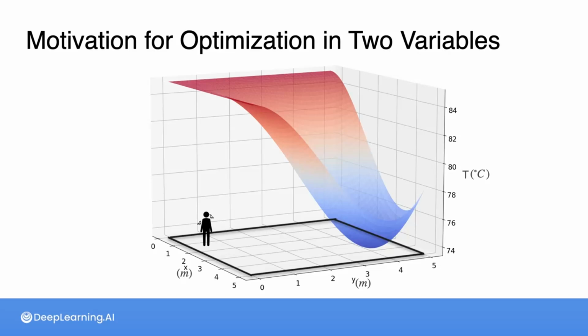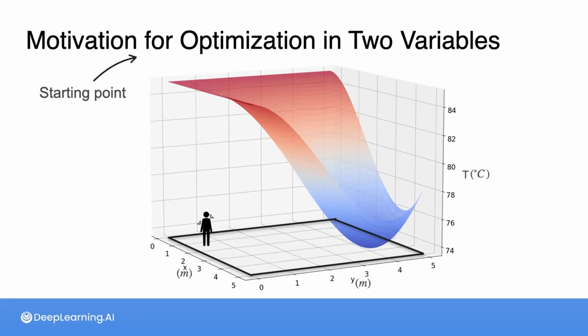So first, let's try the same approach you used in week 1 to get to the minimum. Let's say that you're standing over here and you're going to move around a little bit and see where it gets colder. So let's say you take a step in this direction, this direction and this direction, and from those you select which one was colder. So clearly it's the blue direction, so let's move 1 step here. And now let's iterate.